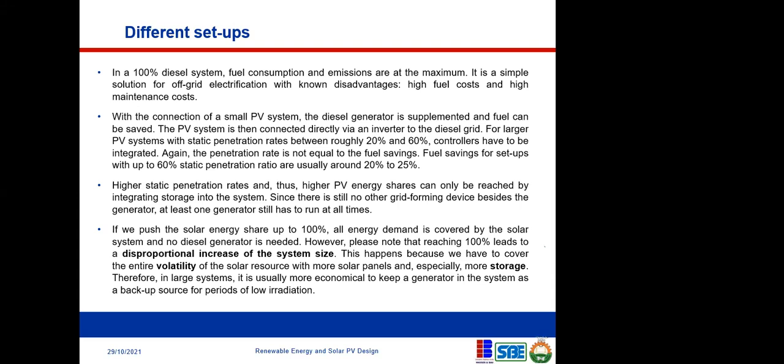Now, when you're talking about generation sources or power supply sources, there's what we call dispatchable generators and non-dispatchable generators. Your solar system is non-dispatchable. You cannot call your solar system at any time and it will answer. But your diesel generator, you can call it at any time, it will pick up. If there is no sun and your battery is drained and you need power, your solar system cannot answer you.